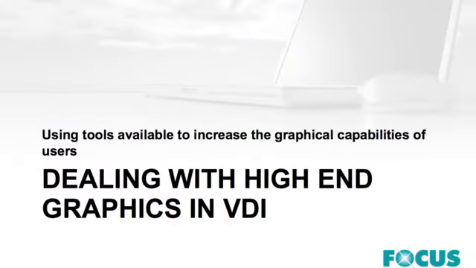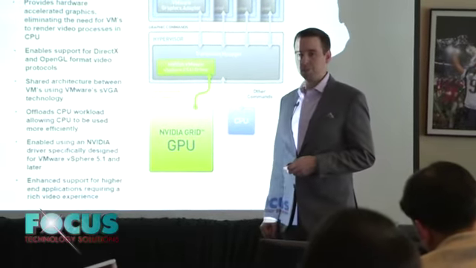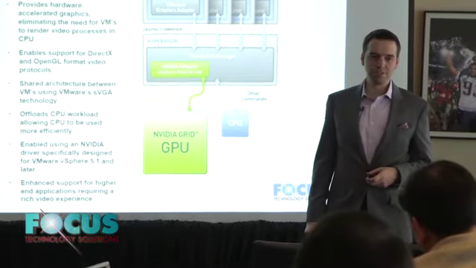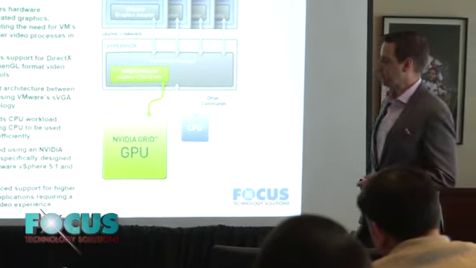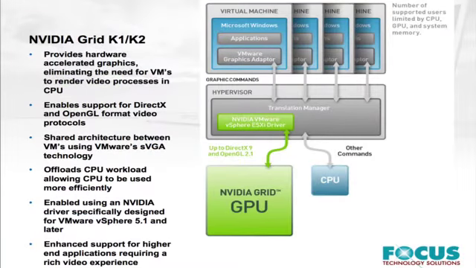All right, so dealing with high-end graphics. This is a good topic because, without giving too much away, some people are predicting that this is going to change next month. Right now, the way that you can implement graphics acceleration in a virtual desktop environment is using a card from NVIDIA called the Grid card.